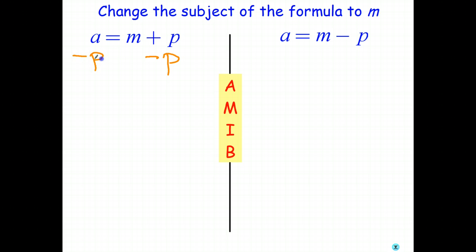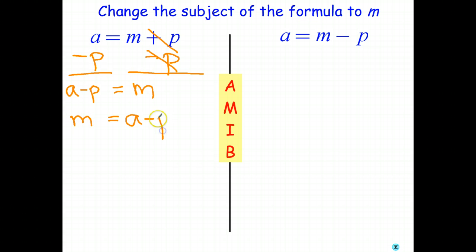So we subtract p from both sides. On the right-hand side, plus p minus p cancels out, leaving just an m. And on the left-hand side, I have a subtract p. And then finally, we write the m on the left, because usually the subject is on the left, and we write the expression on the right.